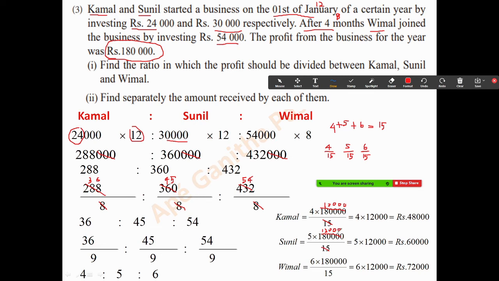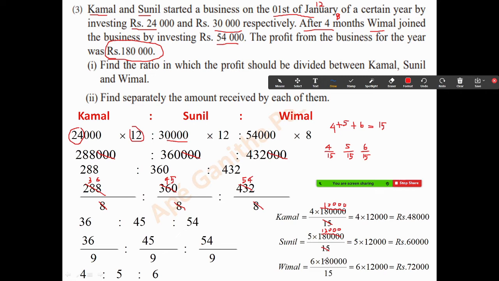Okay, 5 into 12,000. Write these 3 zeros. Now 12 and 5 remain. 12 into 5 is 60, so the answer is 60,000. Here Vimal's part is 6 over 15, so 6 over 15 multiplied by 180,000.